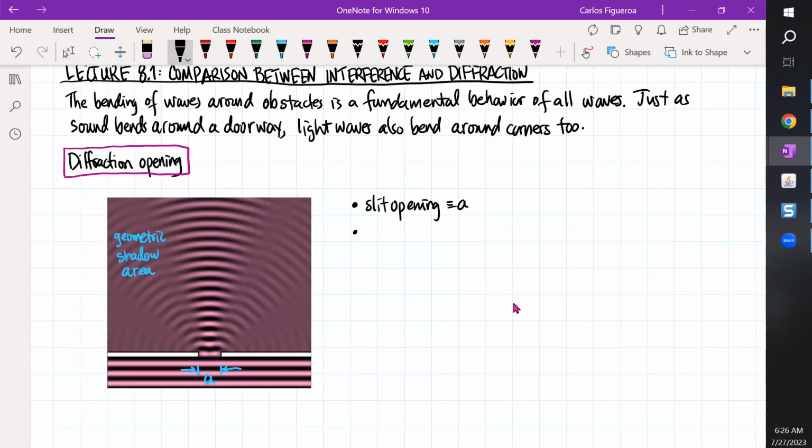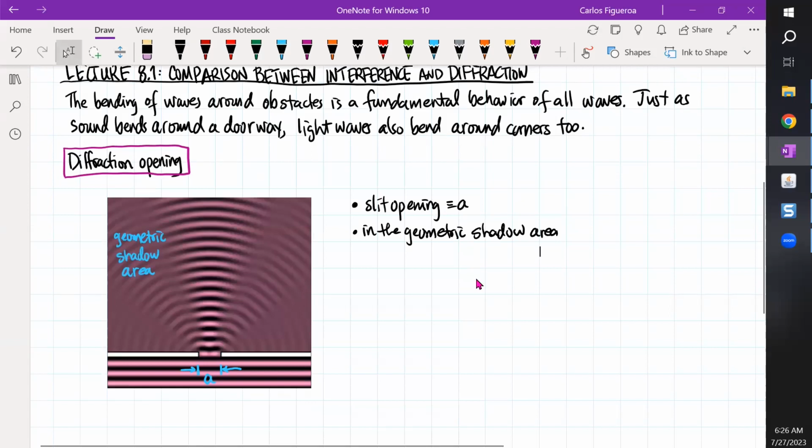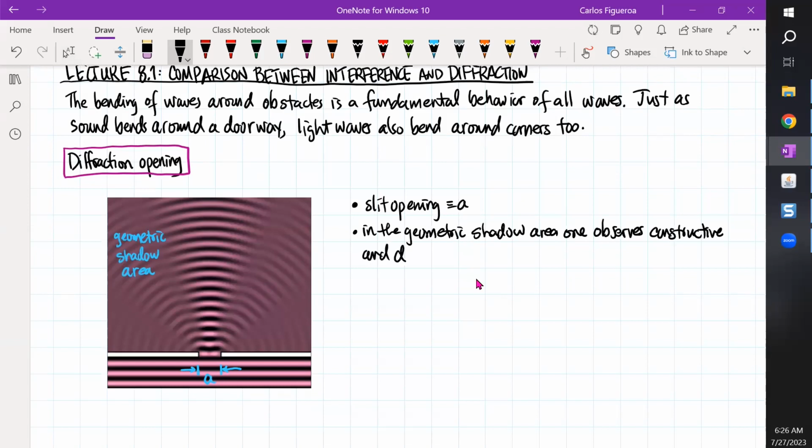So I would say that in the geometric shadow area, one observes constructive and destructive interference.